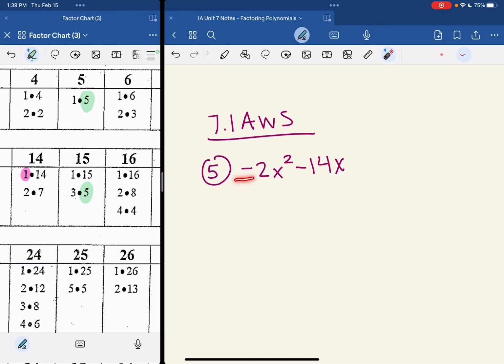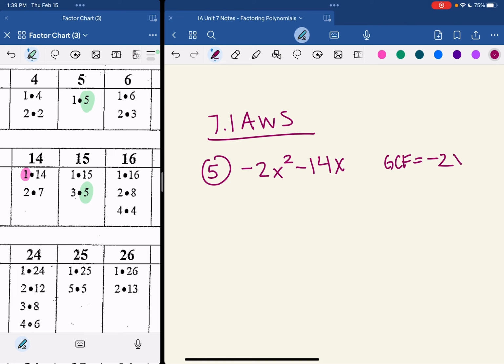Do you see how both of these have a negative? So our greatest common factor is going to be negative 2. And since they both have an x, we can take out an x. So we're going to have to divide by negative 2x, divide by negative 2x.